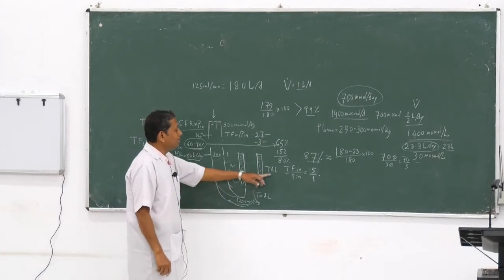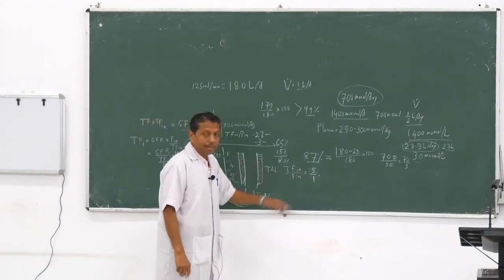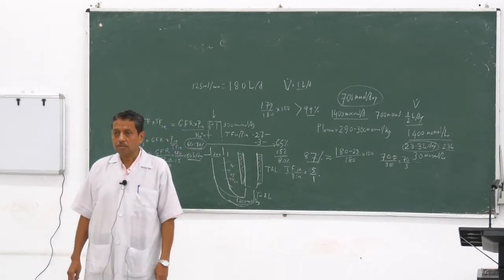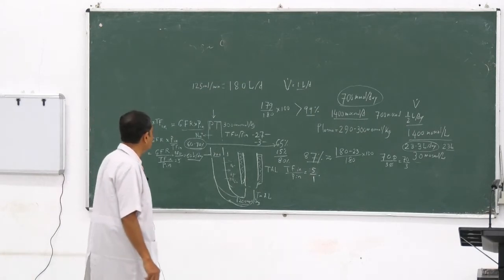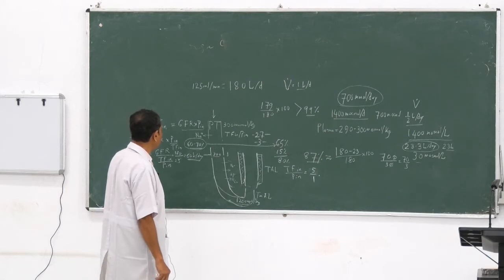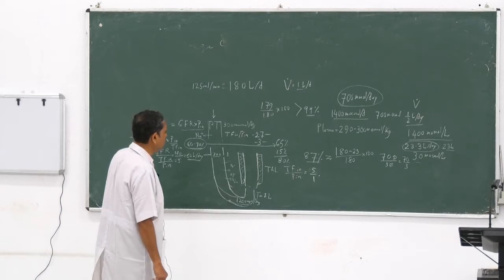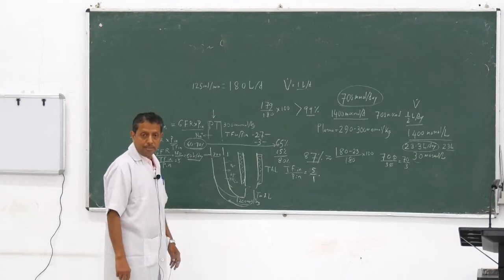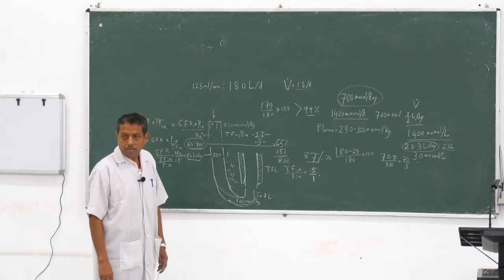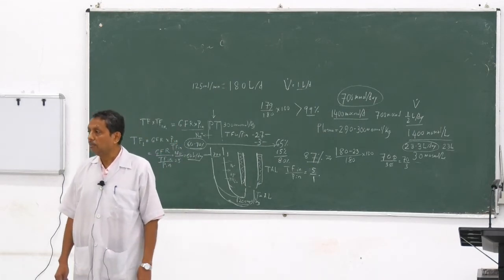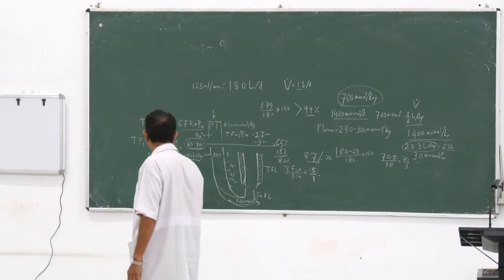So it will be 5 by 1. Tubular fluid inulin concentration will increase. So 80% is reabsorbed, only 20% remains.